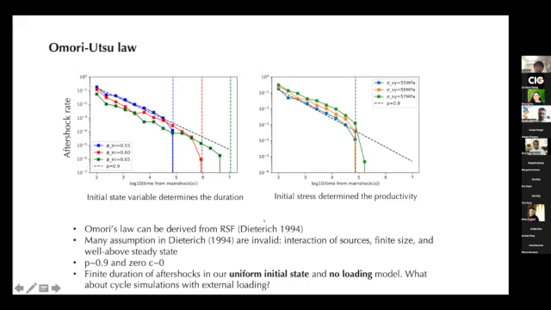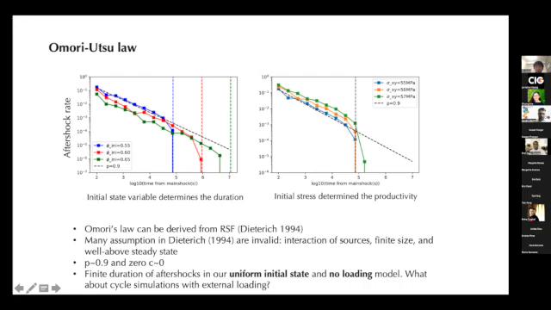in the original paper by Dietrich 1994, he showed that Omori's law can be derived from fault populations obeying rate and state friction laws. But his paper has many assumptions.